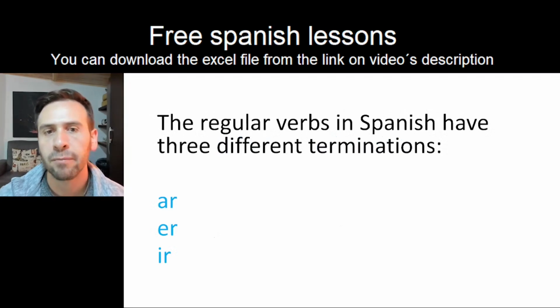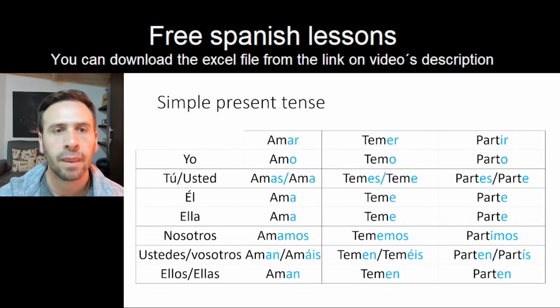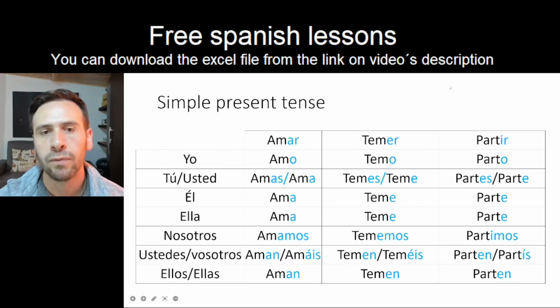The regular verbs in Spanish have three different terminations: ar, er, ir. For example, amar, to love, temer, to fear, partir, to leave or to depart. For the simple present tense, the conjugation of these three verbs is as follows.